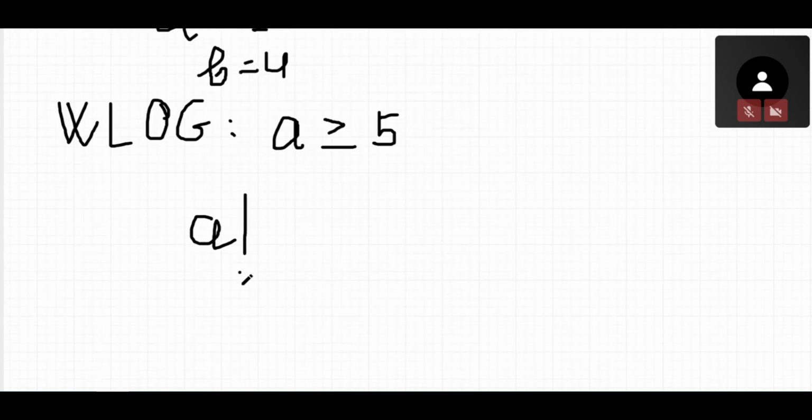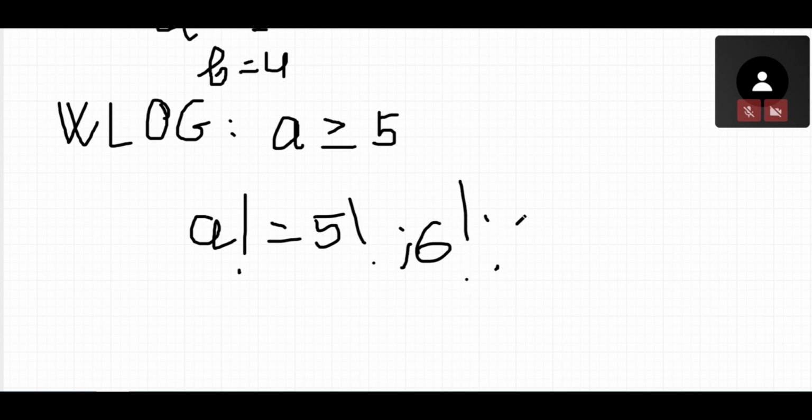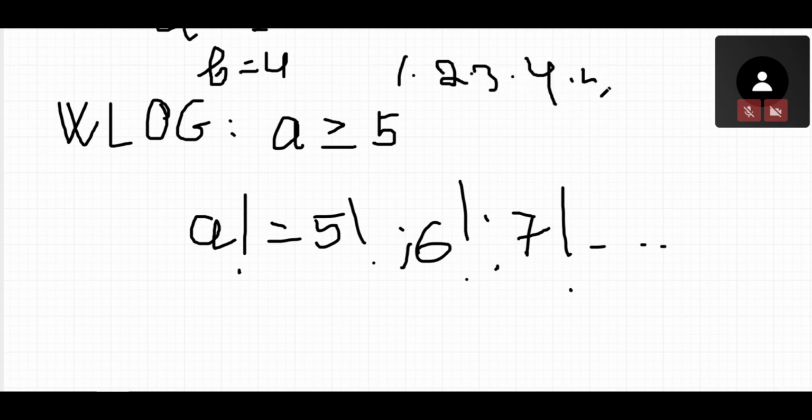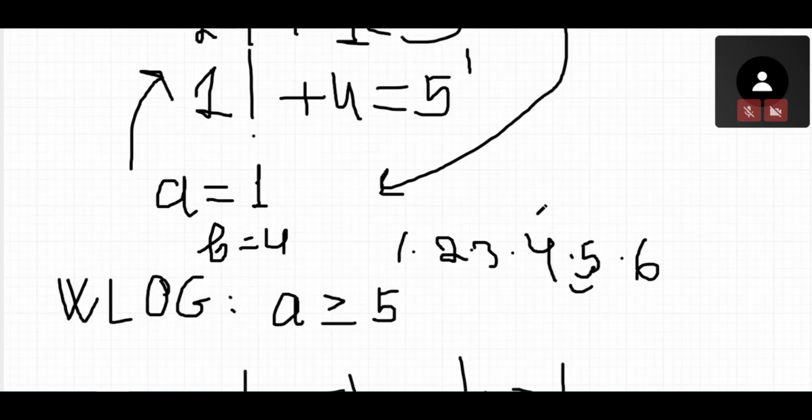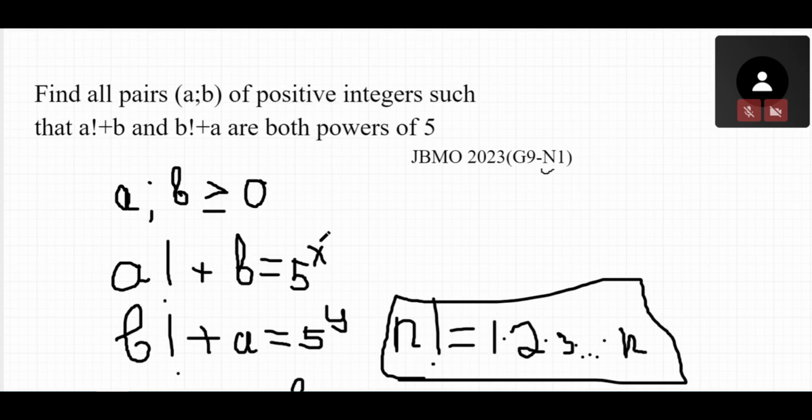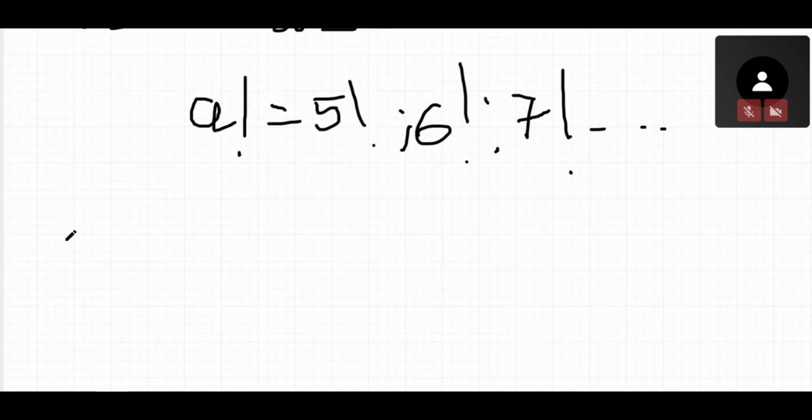A factorial can be 5 factorial, 6 factorial, 7 factorial, going up to whichever number you choose, and there will always be a 5 in the product 1 times 2 times 3 times 4 times 5. So it will always be divisible by 5. Okay, we take a bigger than or equal to 5. We understand this part, then continue.